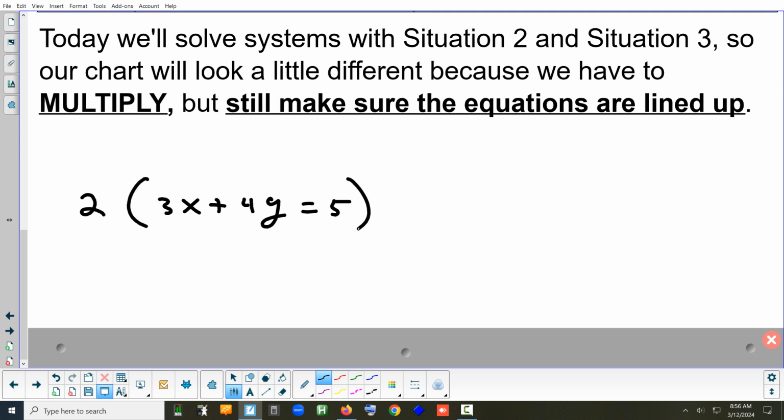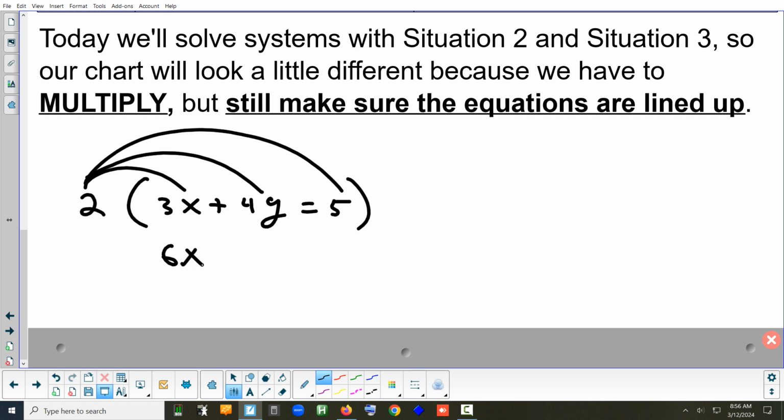What it means to multiply an equation by a number is it means to take a number and distribute it to everything. So if I took this entire equation and doubled it, instead of 3x, what would I have? 6x, yep, and then plus 8y, and then equals 10.